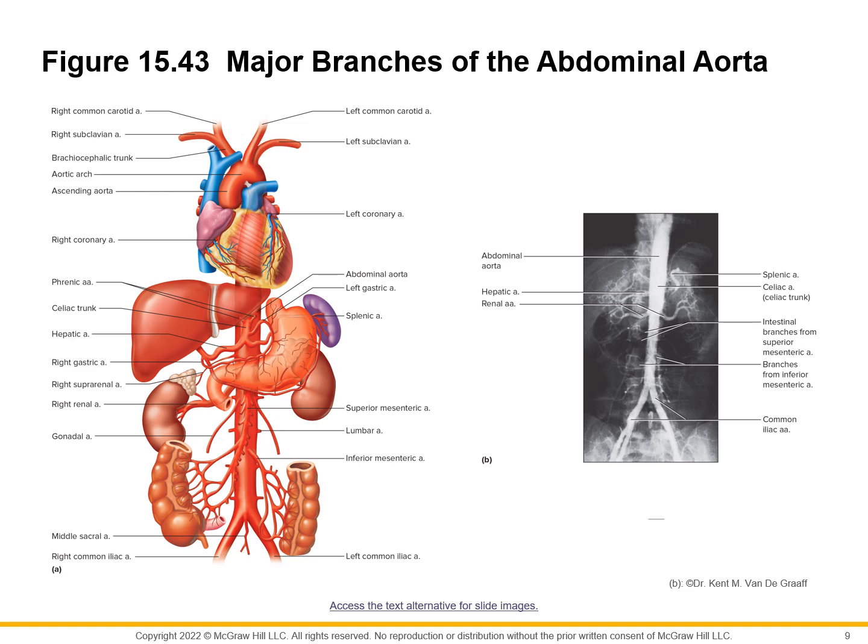And also the abdominal aorta provides branches that supply the wall. We call them lumbar arteries that supply the abdominal wall. So we have the celiac trunk, sorry, superior mesenteric, inferior mesenteric, and gonadal, renal, suprarenal, and lumbar arteries.